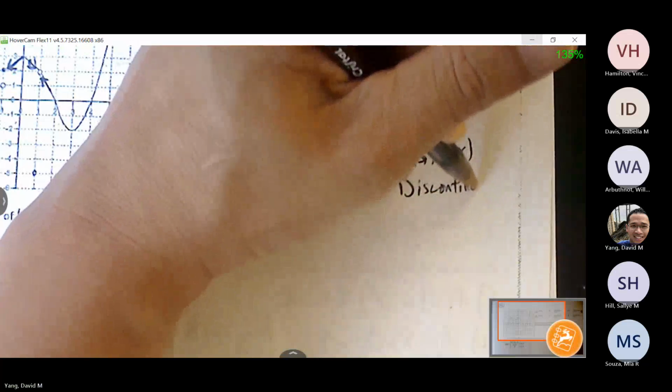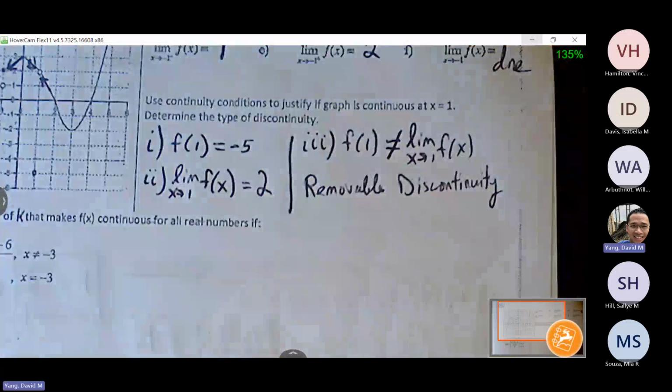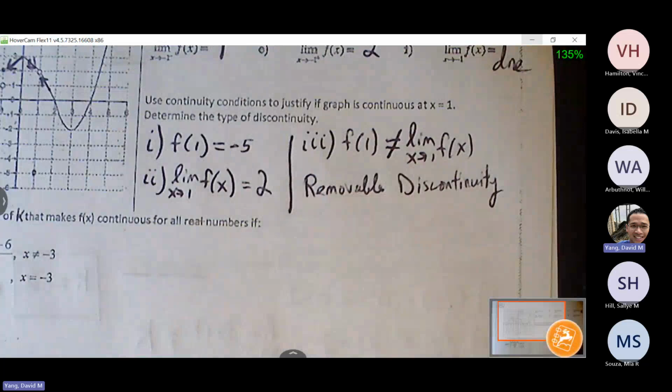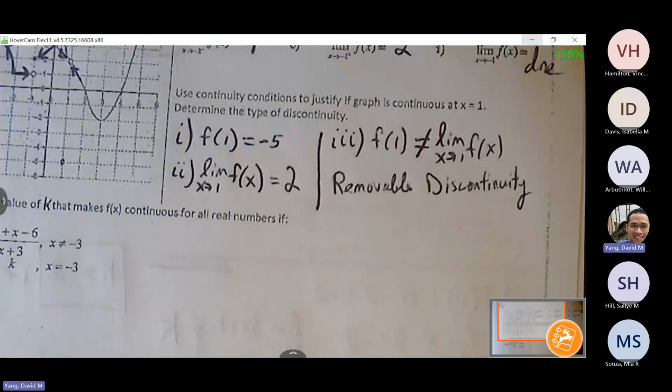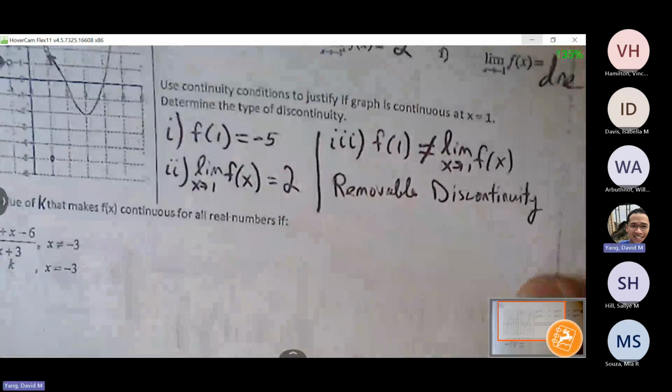If the right side's equal and the left side's not, then it's non-removable, right? Non-removable is what the second condition fails. If the third condition fails, it's a removable discontinuity.